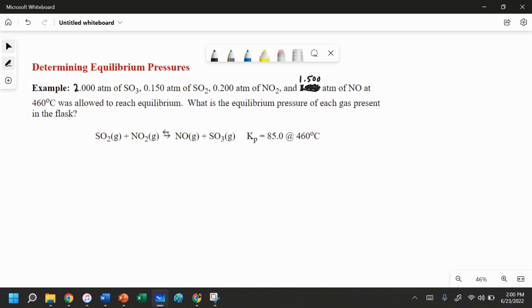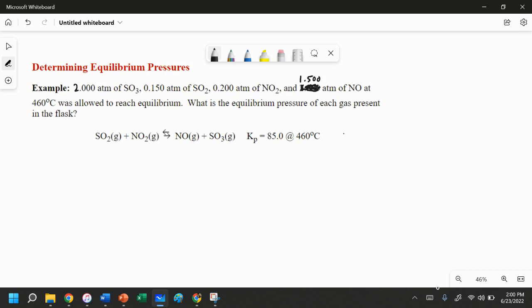The problem we're going to use, every species is a gas, and so every species is going to go into our Kp expression. So in this example, we are given initial partial pressures for every single species in this reaction for both reactants and products. And our goal is to figure out what their equilibrium partial pressures will be.